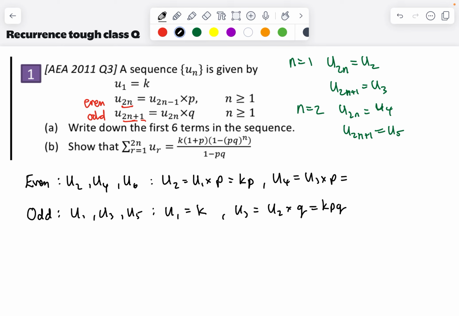Well, that was kpq, so this is kp squared q. u5 is going to be u4 times q, so that is kp squared q squared, and u6 is going to be u5 times p, which is kp cubed times q squared.